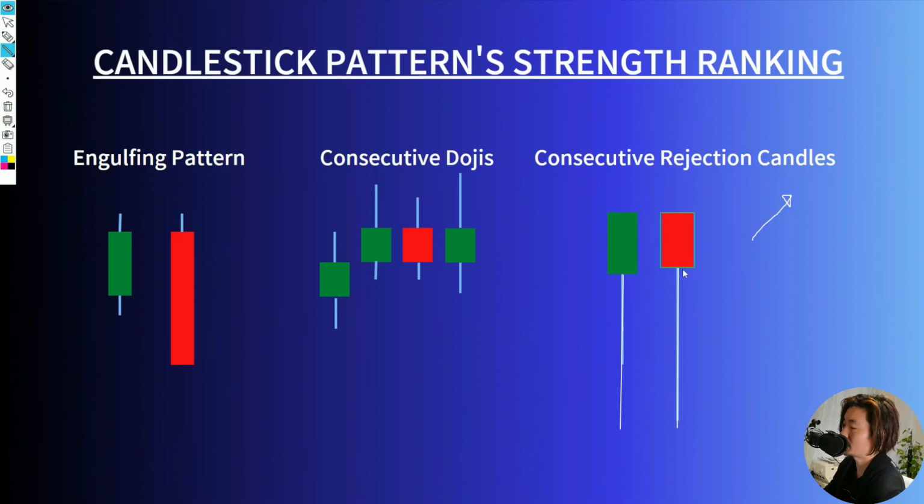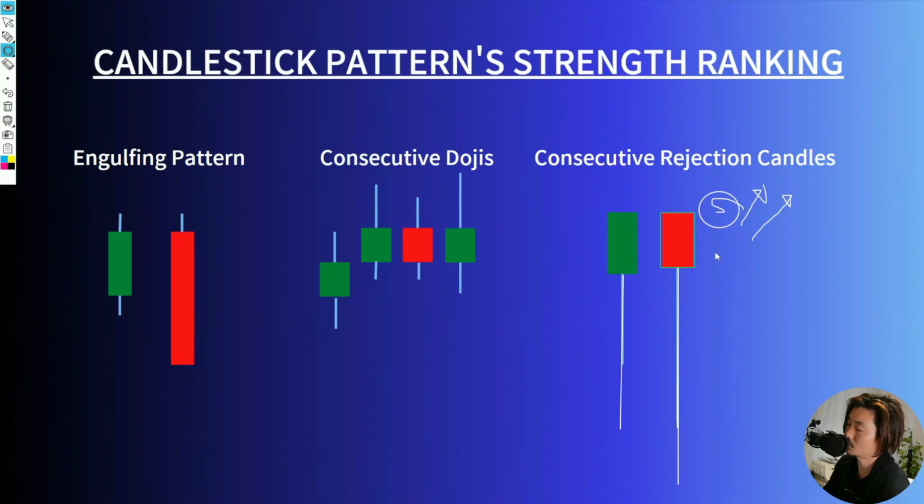I would say a wick length about 3 to 4 times the size of the body will qualify for strong long strength. But remember, it's all relative. There are two elements that could either increase or decrease the future strength. So even if these consecutive candles had a red candle in it, if that red candle's lower wick length is extremely long, well, that would actually qualify for strong long strength also.